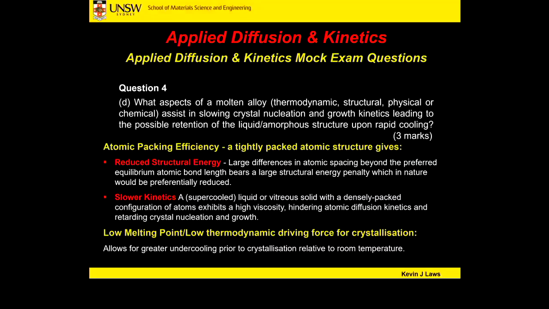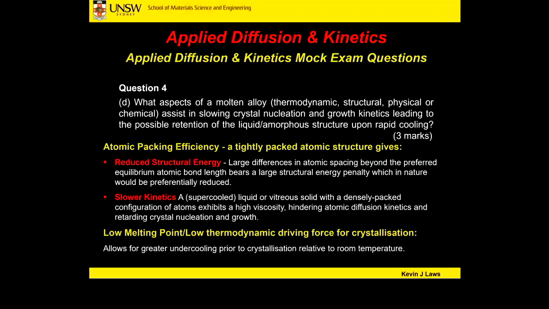Right? Once we get to a very low temperature, the system freezes. Diffusion is no longer possible, particularly below the glass transition temperature. Okay. Packing efficiencies are also associated with slower kinetics, slower diffusion rates in general. If those atoms are all packed in space very efficiently, all in contact with one another in the liquid state, it's very, very difficult for them to try to rearrange and form crystals.